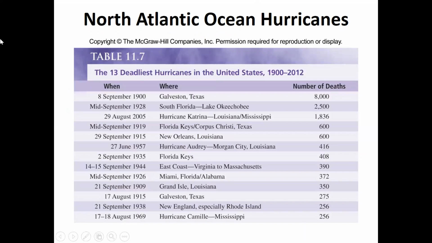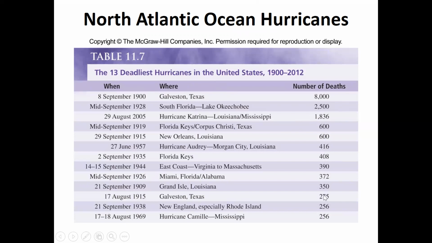Here you can see the most deadly hurricanes in the United States, 1900 to 2012. There were 8,000 deaths in Galveston, Texas in 1900. And then in 1928, 2,500 deaths in southern Florida. Then Hurricane Katrina in 2005, the most deadly recent one, 1,836.